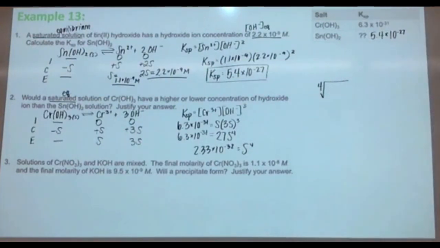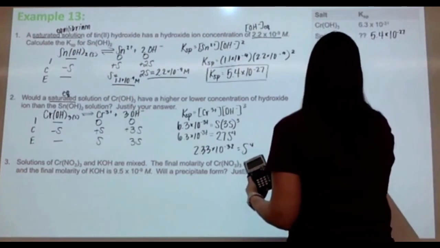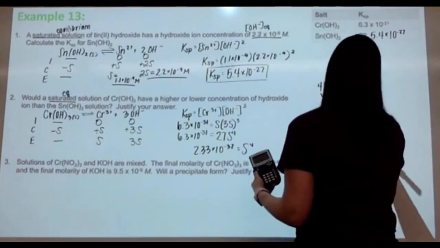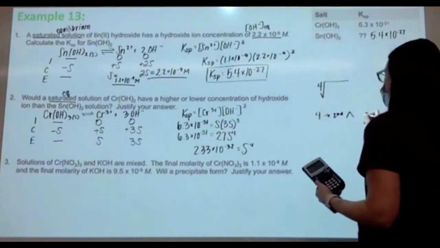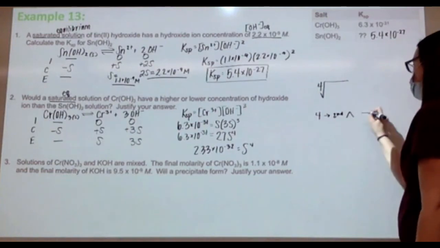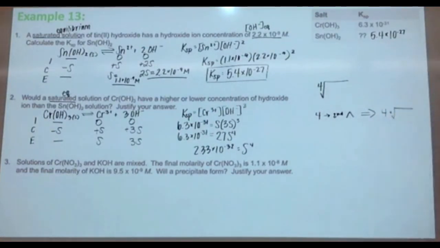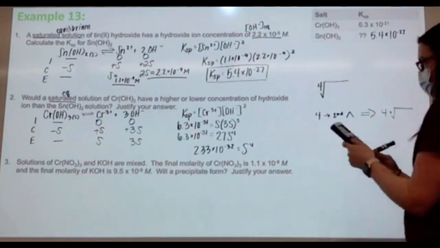On a calculator that looks like mine, you will actually hit 4, and then you'll hit second and the caret button, and that is X root. And then that actually will make it look like this, which is the same thing. So you just want to make sure that you can put in a fourth root.